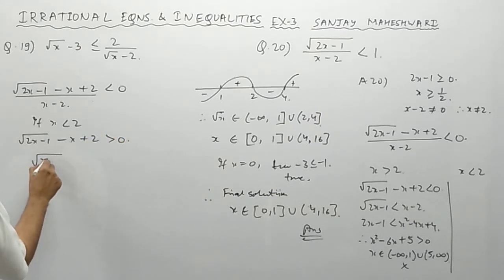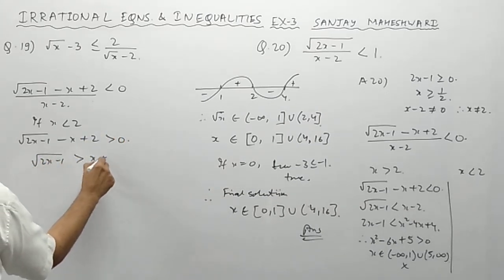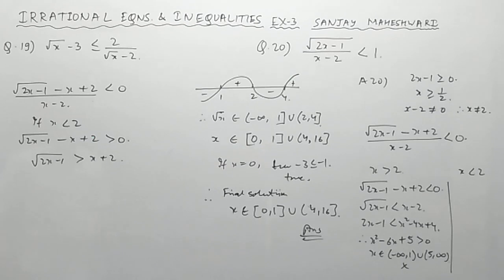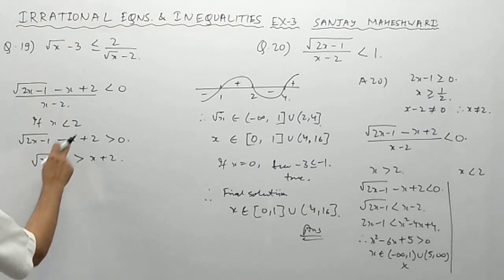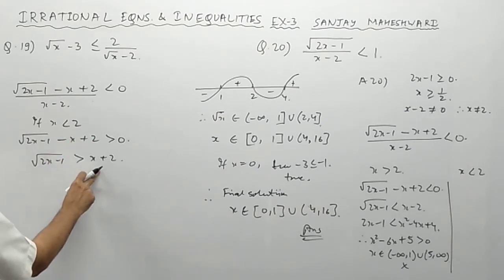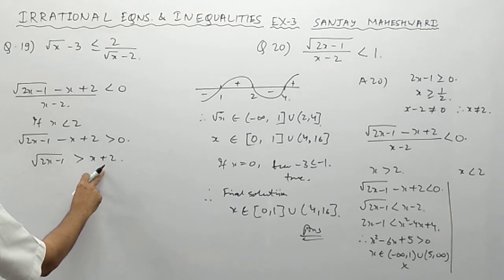So root 2x minus 1 is greater than x minus 2. Now, what we are doing here, we can see that this is positive, and if x is less than 2, this is also positive.